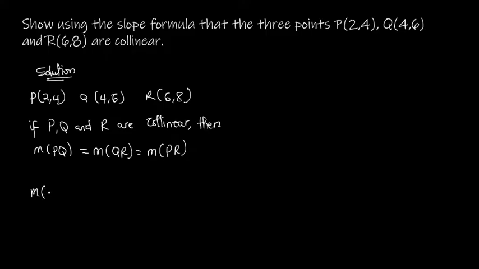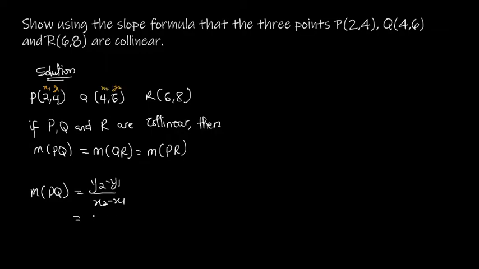So the gradient of PQ will be equal to y2 minus y1 over x2 minus x1. Let me label my coordinates. Since P is my first point, it becomes my x1, y1. This is my x2, y2.